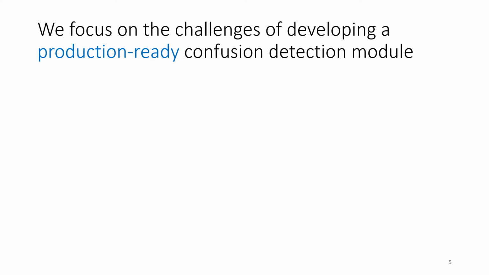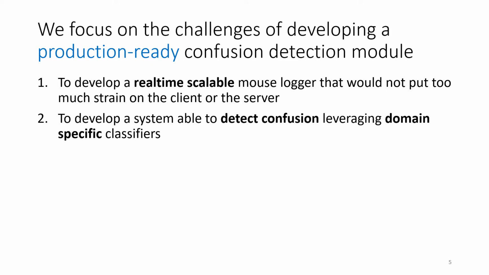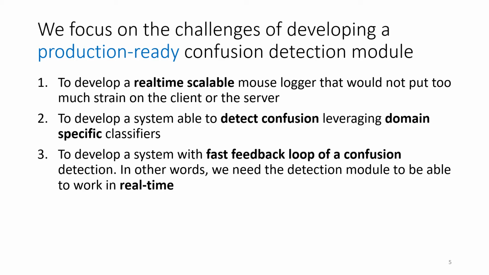In implementing such a module, because we use mouse data to detect user confusion, we had to develop a real-time scalable mouse logger. We had to develop a system that would be able to detect confusion leveraging domain-specific classifiers. That is, we want to have multiple classifiers, each trained for each custom application.